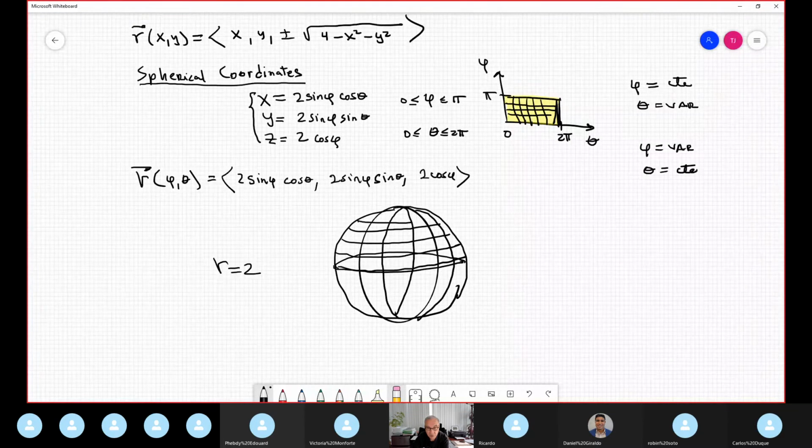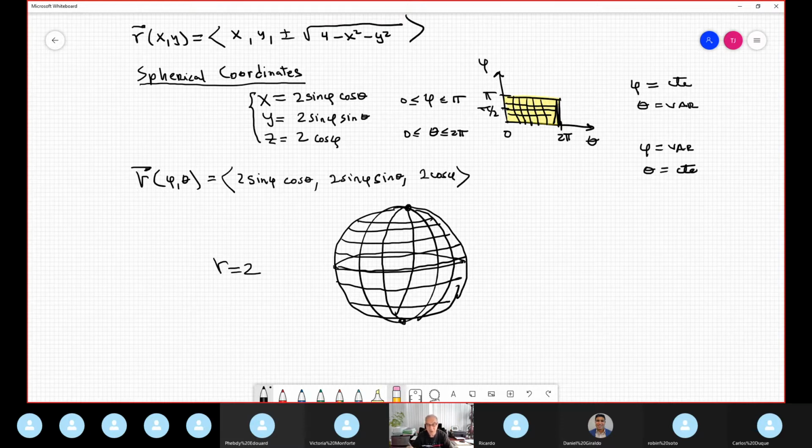Phi equal 0 is here, the south pole, and the equator is pi over 2, the middle. So 0 is the south pole and pi is the north pole. Do you understand the idea?